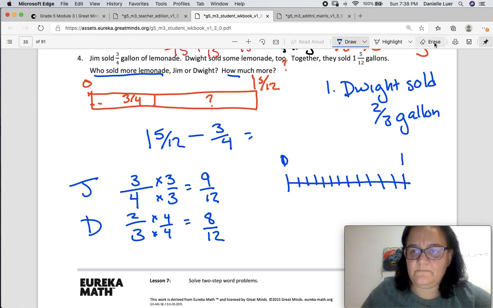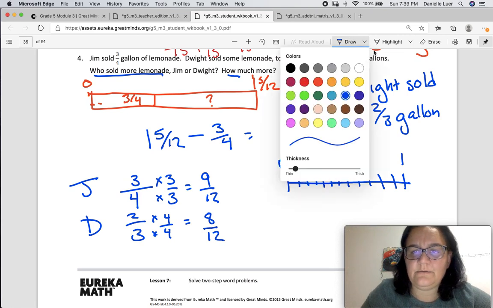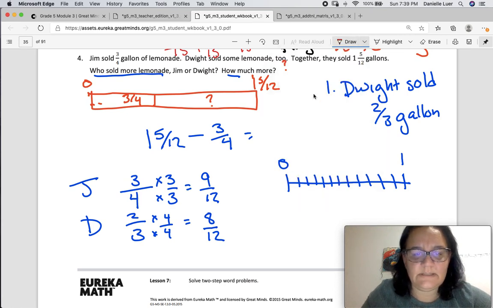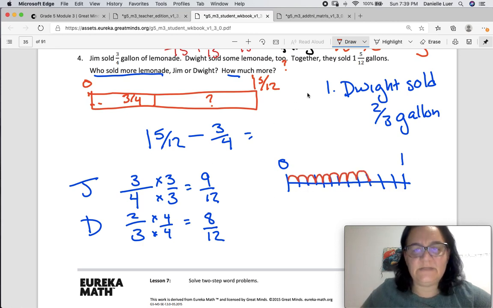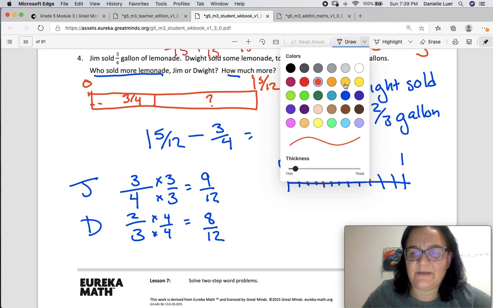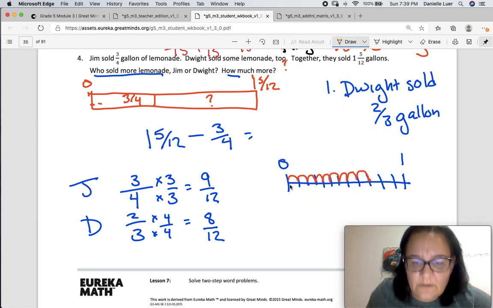There's 1, and there's 0. And Jim sold 9/12. So 1, 2, 3, 4, 5, 6, 7, 8, 9/12. And Dwight only sold 8/12, so let's figure out what his would be. 1, 2, 3, 4, 5, 6, 7, 8.